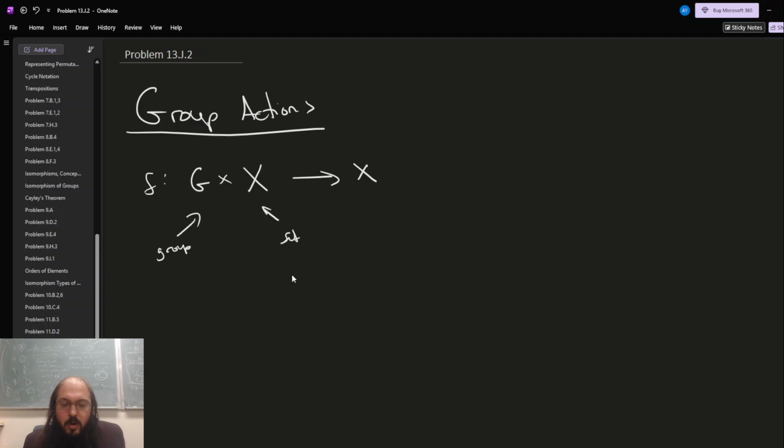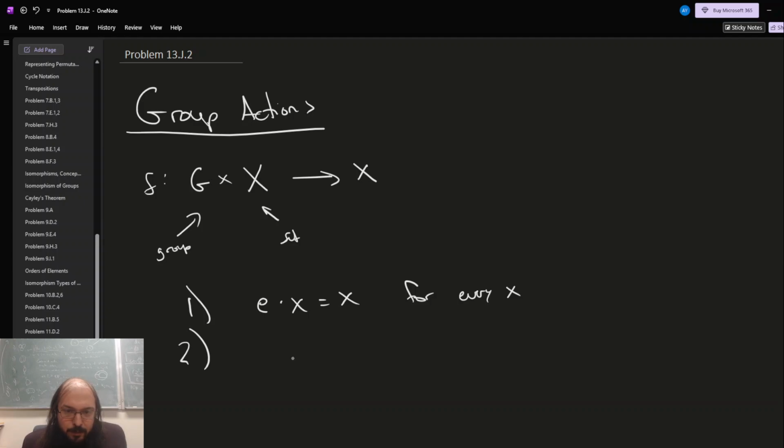And we're going to require for our group actions that the group act on X in a way that remembers, if you will, that it is in fact a group. In other words, E dot X has to be X for every X. The identity element acts by doing nothing.